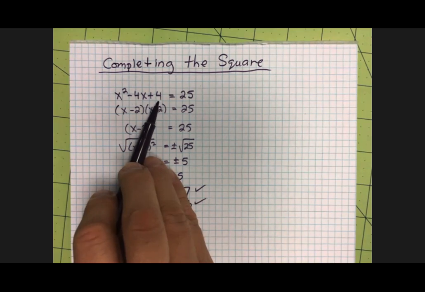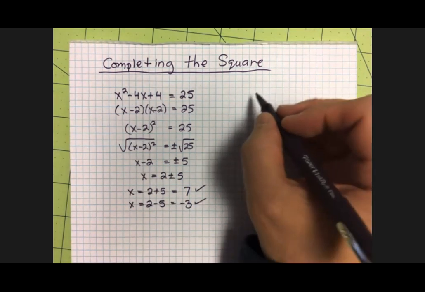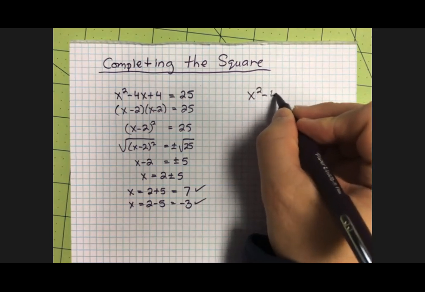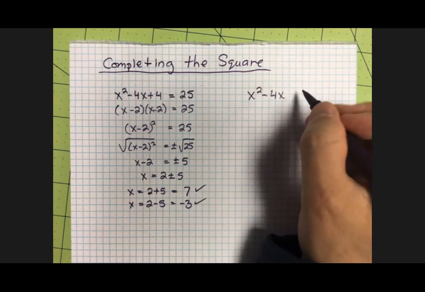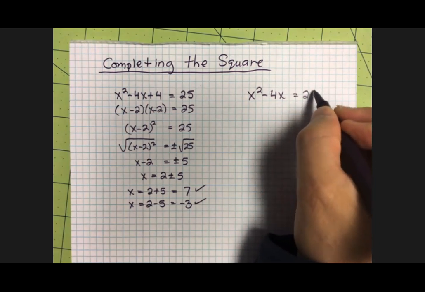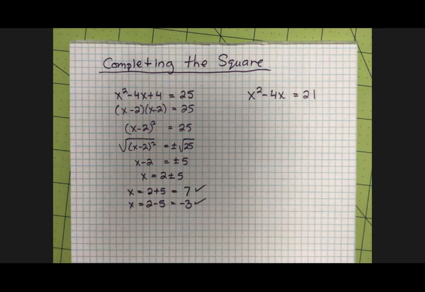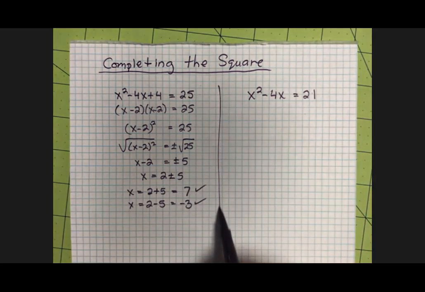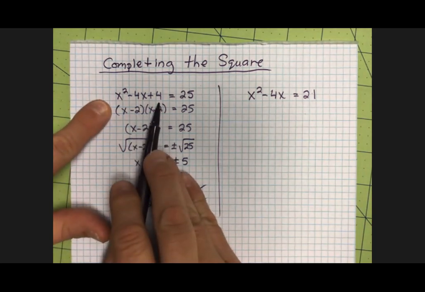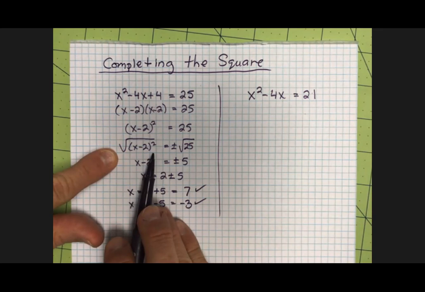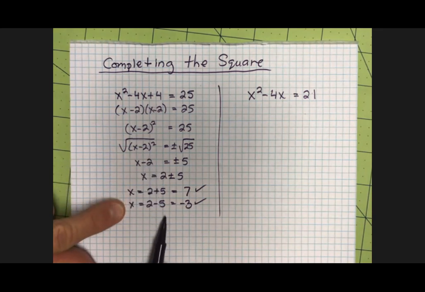Now, what if they instead had written this? X squared minus 4x is 21. Remember what I just said on the left side. Once you realize that was a perfect square, you could use the square root method.